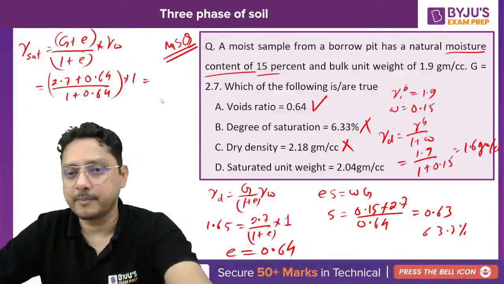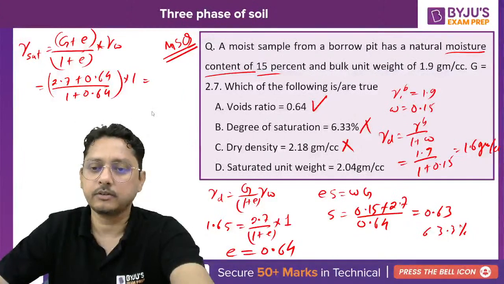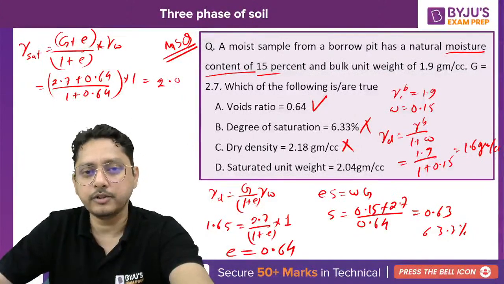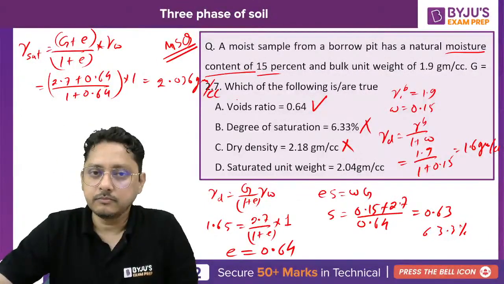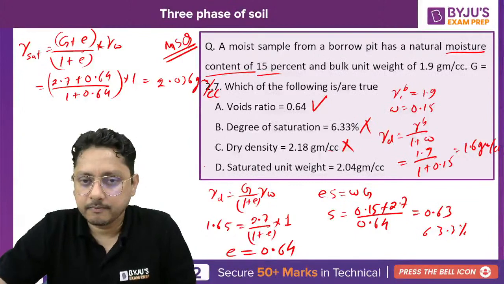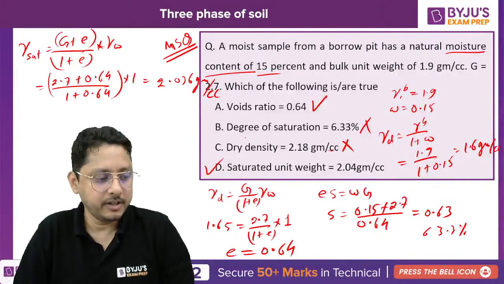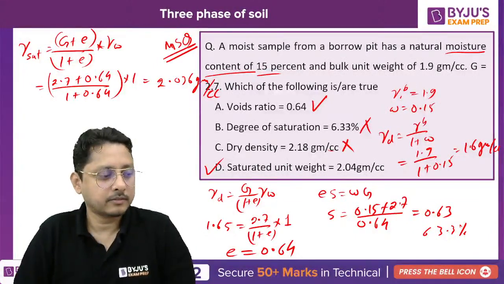If you calculate gamma saturated from here, you will get around 2.036 gram per cc, which is almost the same. So option D is also correct, isn't it? Yes, Haridha.